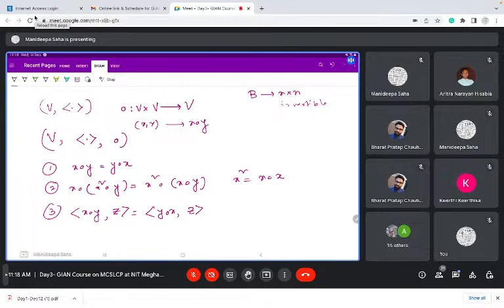So if these three conditions hold, V is an inner product space, and if we can define the Jordan product from V times V to V, then this is called a Euclidean Jordan algebra. And one can easily check that R^n is a Euclidean Jordan algebra, where you can take the product to be the entry-wise product.